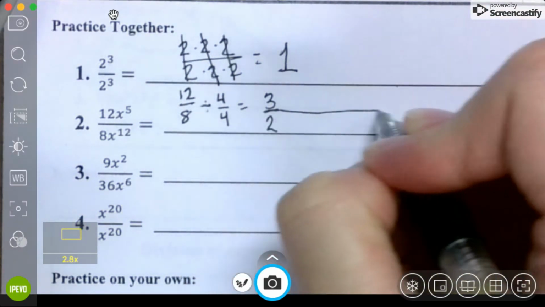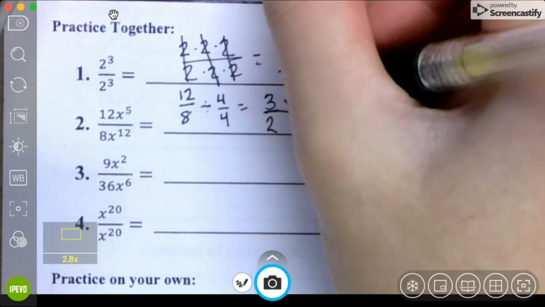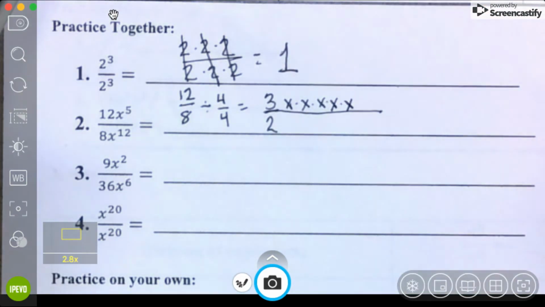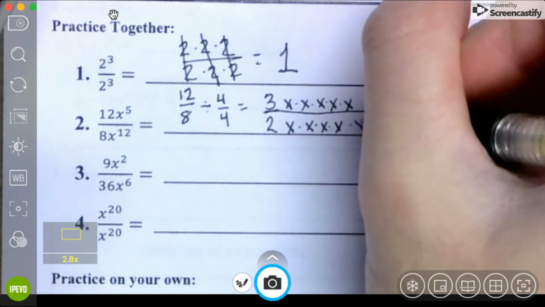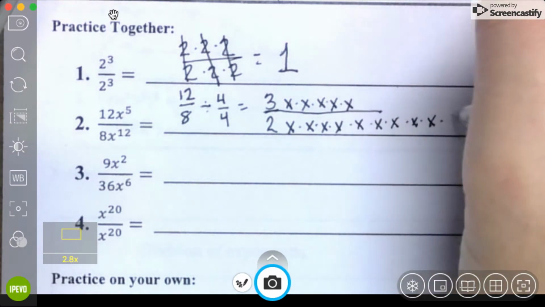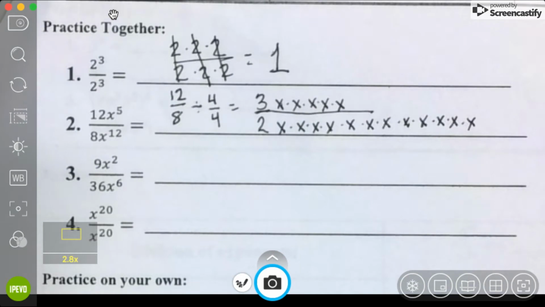Okay? Then I'm going to add in my x's. How many x's do I have on top? 5. 1, 2, 3, 4, 5. How many do I have on bottom? 12. How many can I cancel out?